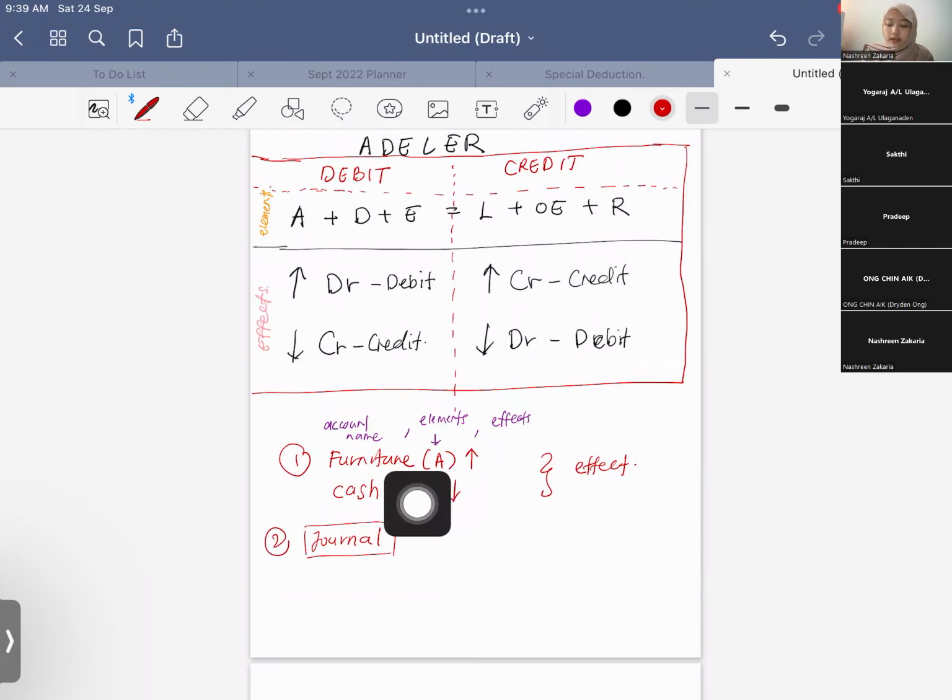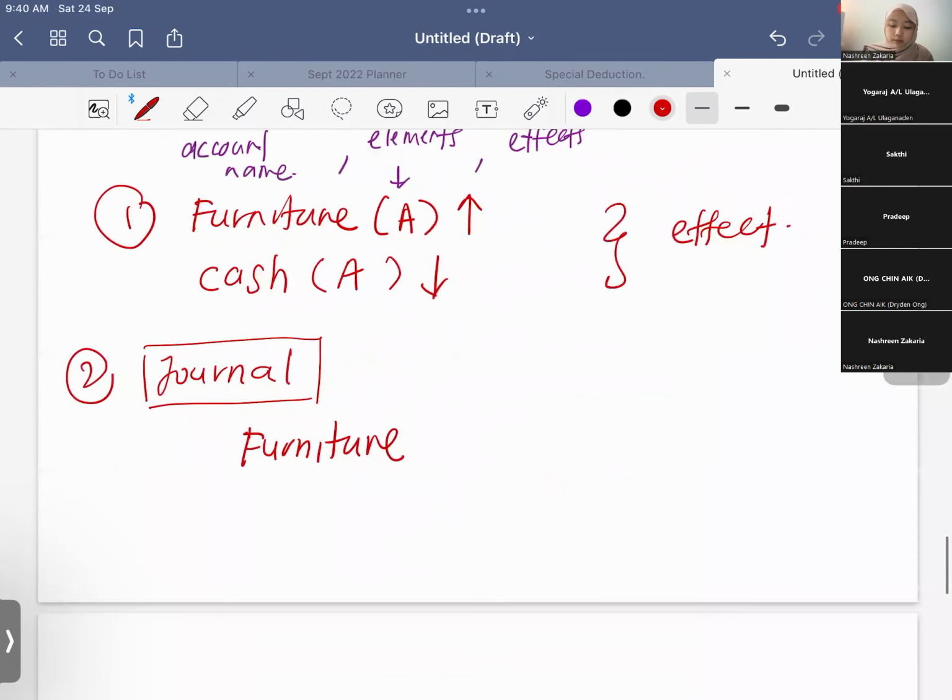Okay. Asset here, the first effect, asset is increasing. So I mentioned just now, when asset is increased, we will debit it, right? So when you want to prepare the journal, look at what is debit: asset increases, debit. First thing is furniture. So do furniture first.